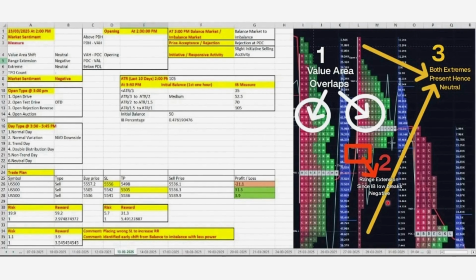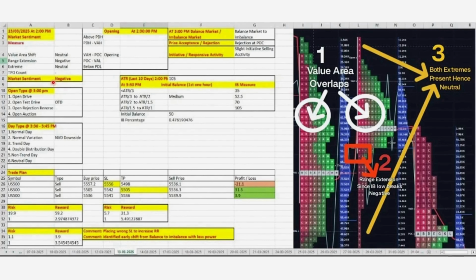As far as extremes are concerned, both buying and selling pressures are present, so we consider that as neutral. Overall, the market sentiment is negative because the value area overlaps and extremes are neutral, but the range extension alone is negative on the downside.